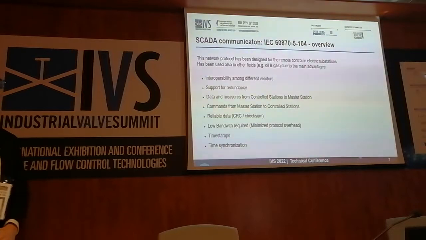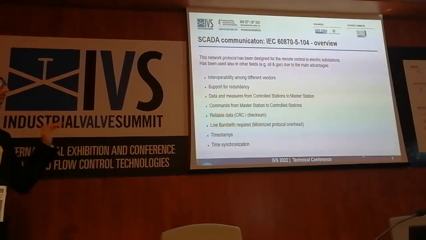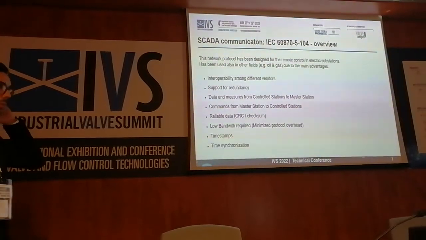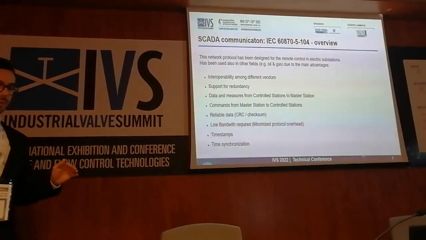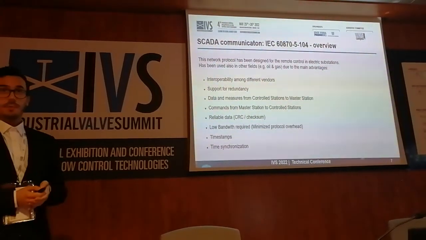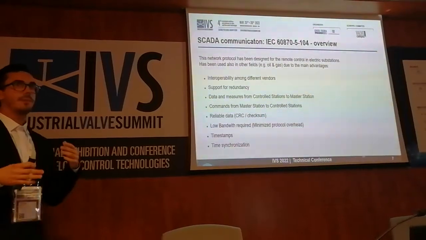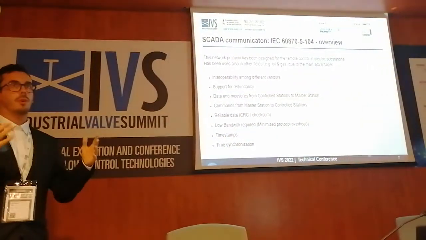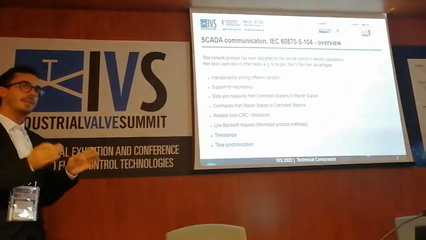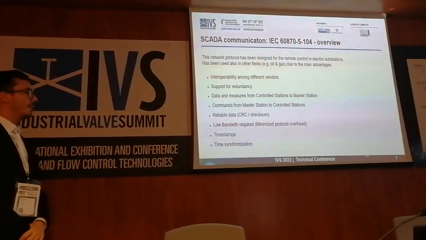Okay, so as we were talking before, the communication started with the very first phase where there was no communication with cybersecurity protocols. We started with a simple 1.4 because we needed to analyze data, we needed to provide information if something was wrong, what happened, and we started with phase 1 only with 60870-5-104.